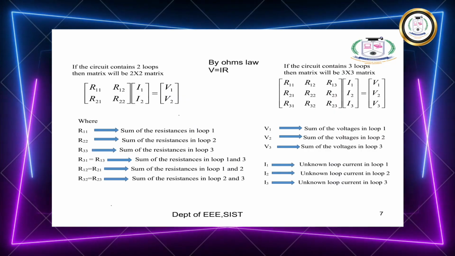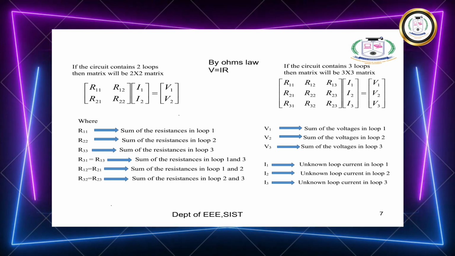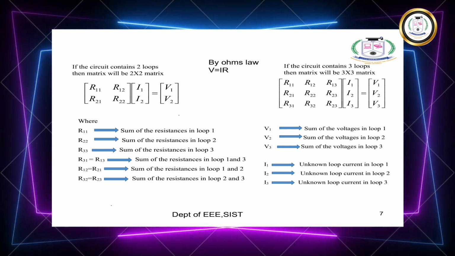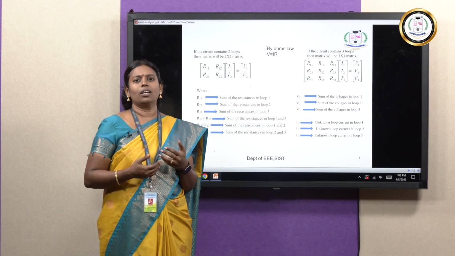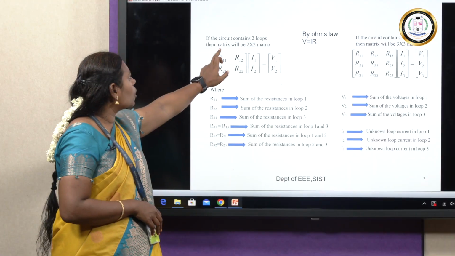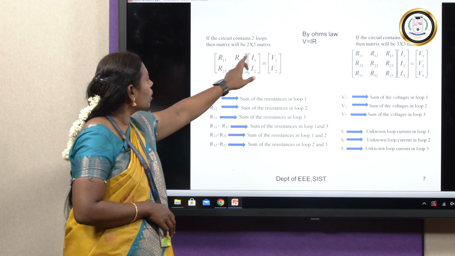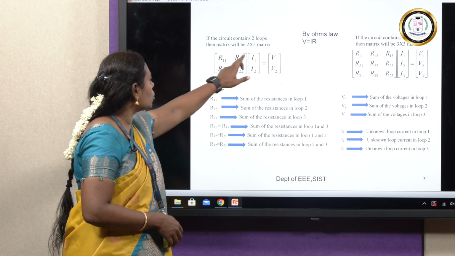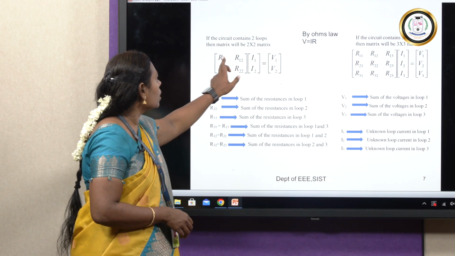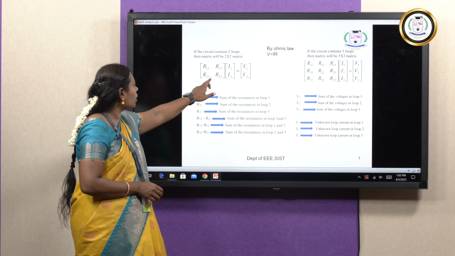Next we see how to form the matrix in mesh analysis by using Ohm's law, V equals I into R. If the circuit contains two loops, the matrix will be a 2 cross 2 matrix: R matrix into I matrix equals V matrix, where the R matrix is R11, R12, R21, R22.